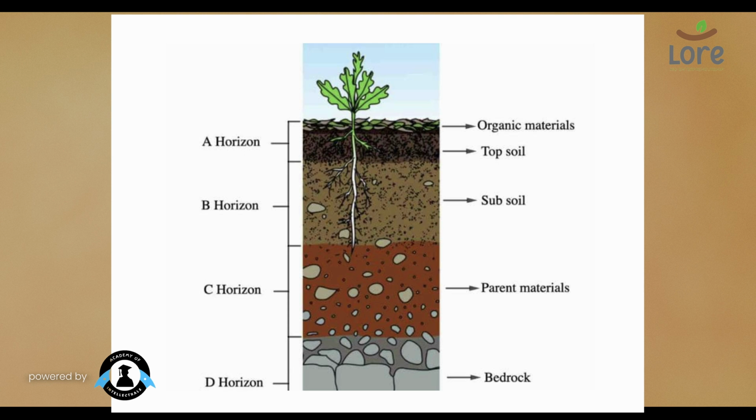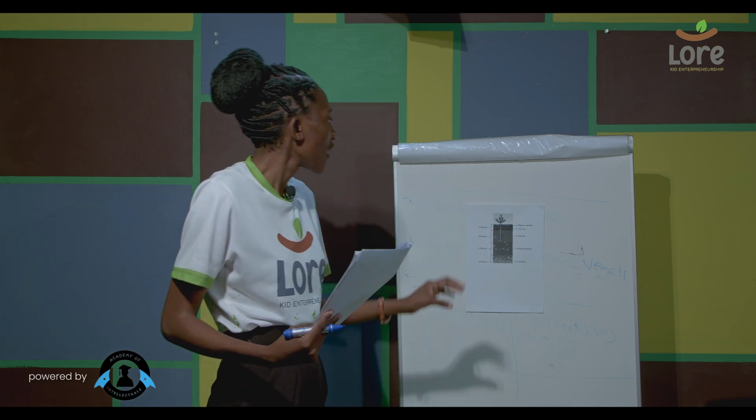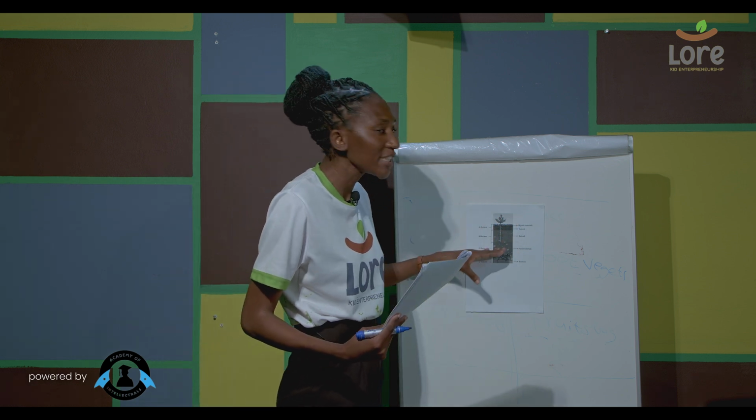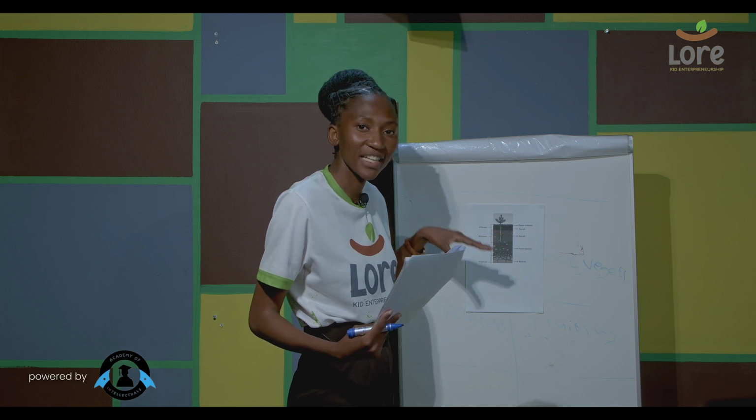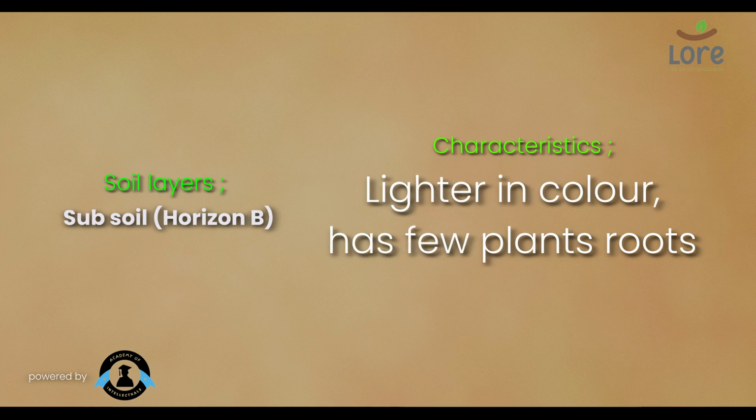For us to be able to complete our diagram, we have to know the characteristics that we found in each and every soil layer. With topsoil, we know that it contains plants' food. And then with subsoil, we know that it has few plants' roots.